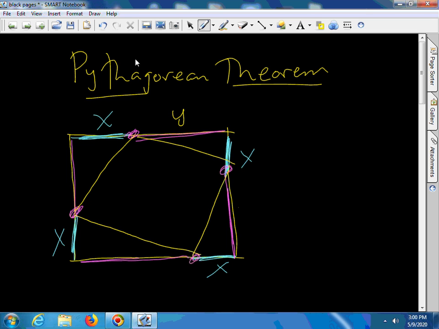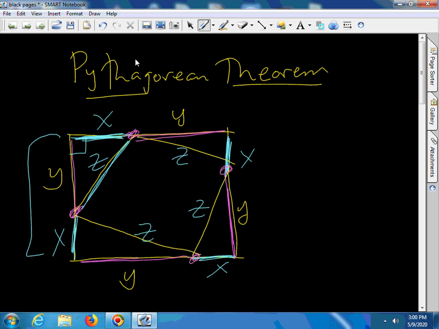And the hypotenuses, since these are all similar triangles, they have lengths of x and y and the right angle. Well, if this is z, then it's z all the way around. It is the square. Okay, so now we're going to find the area of that whole square two different ways.